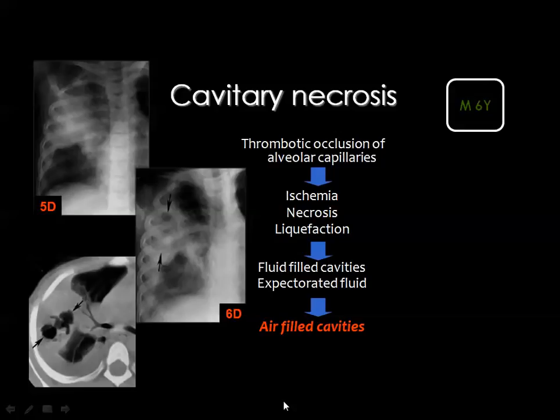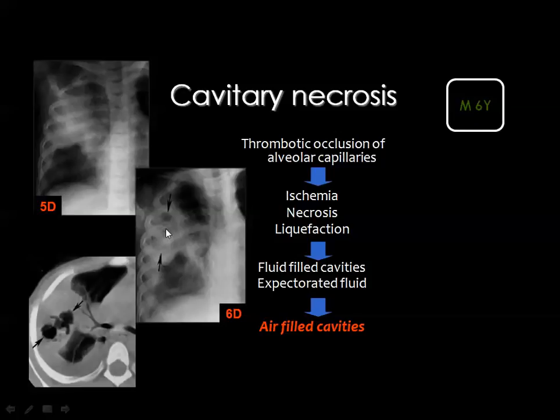Now we came to the last complication of the pneumonia, which is known as cavitary necrosis. And this cavitary necrosis means that a patient has developed the pneumonic consolidation that is rapidly developing internal cavitations.